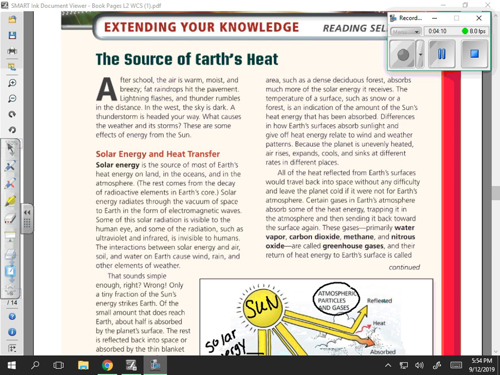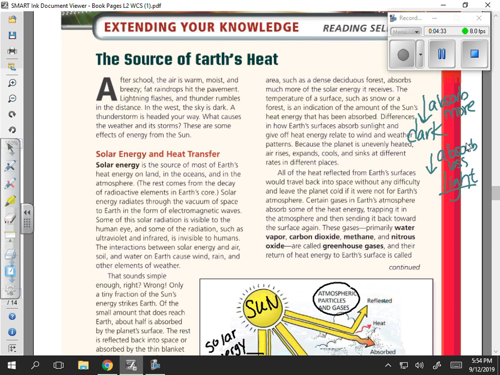So what this is saying is that you have dark surfaces and you have light surfaces. The dark surfaces are going to absorb more energy, and the light surfaces will absorb less.